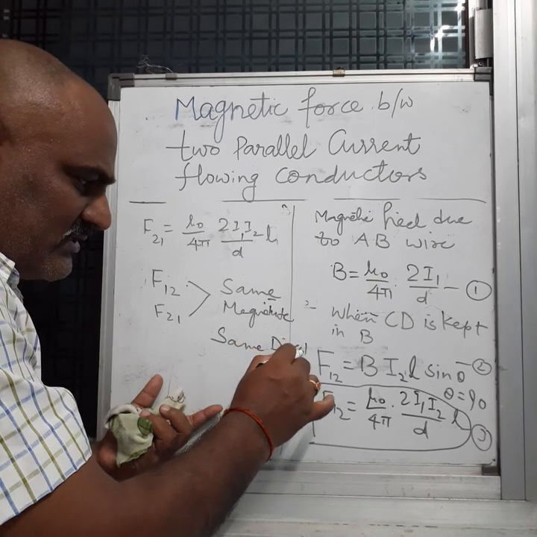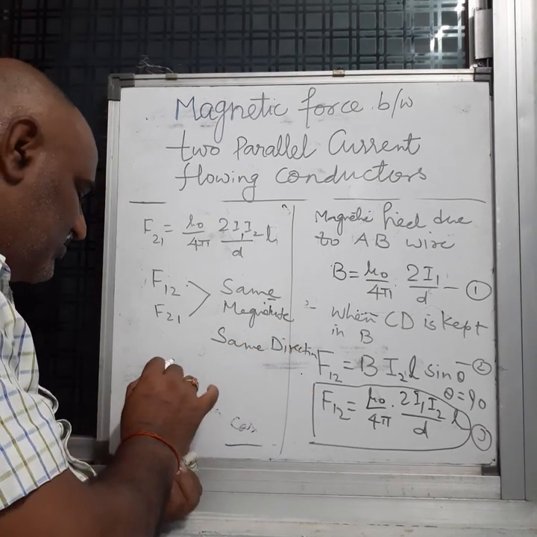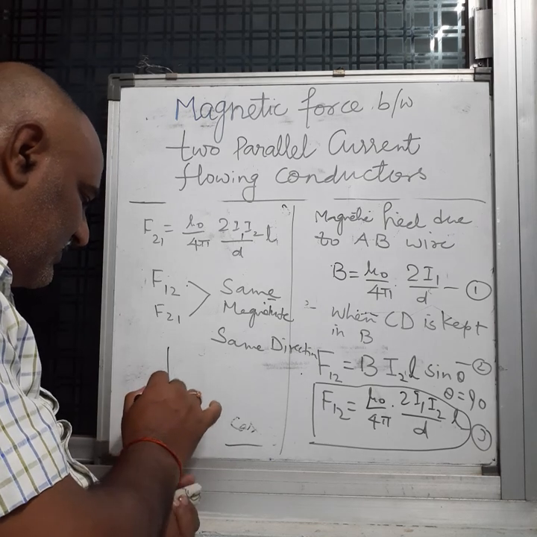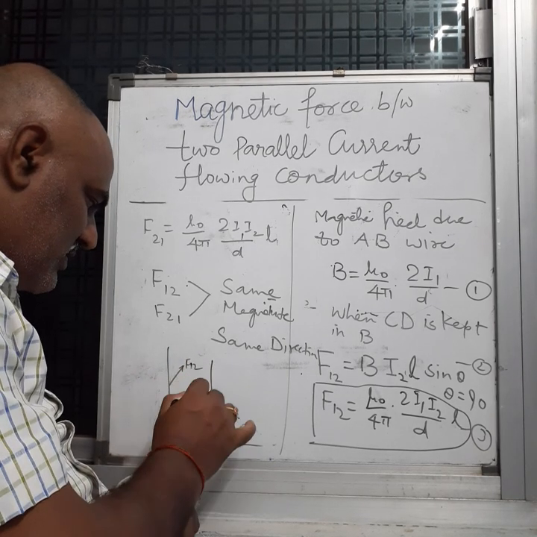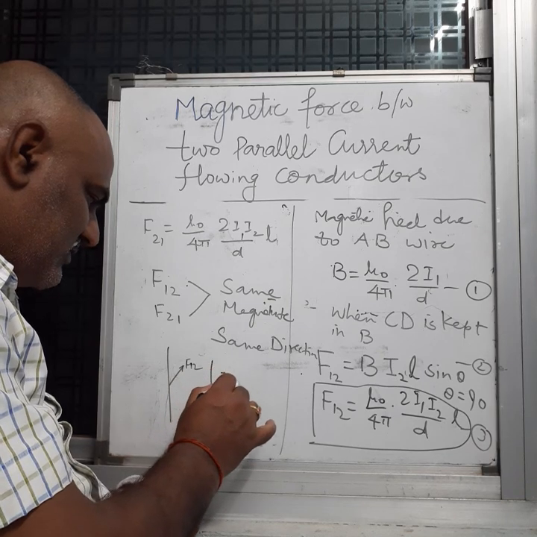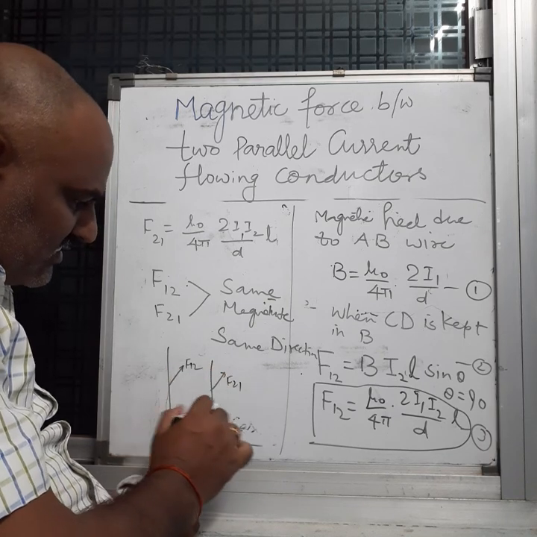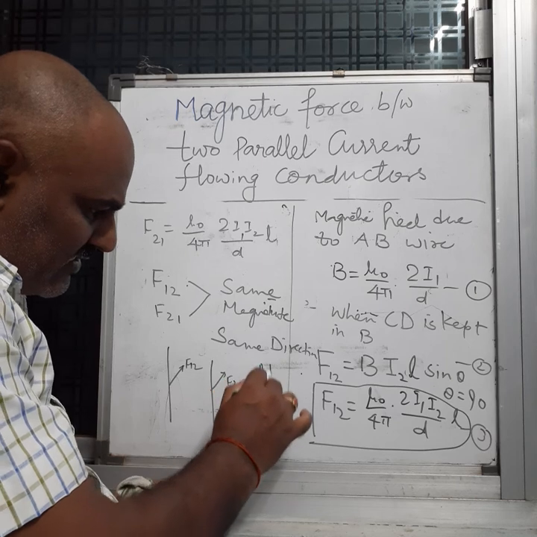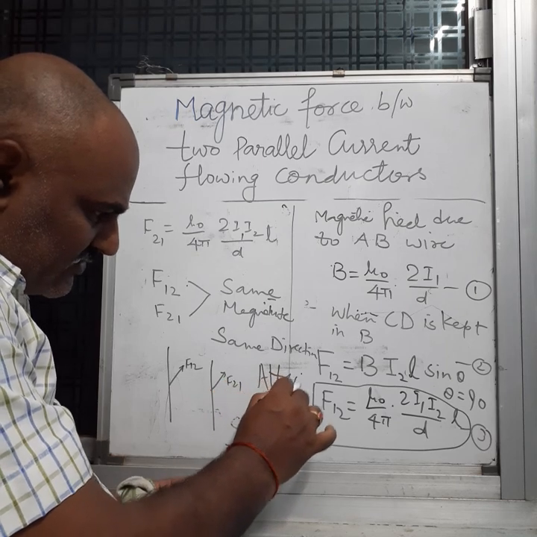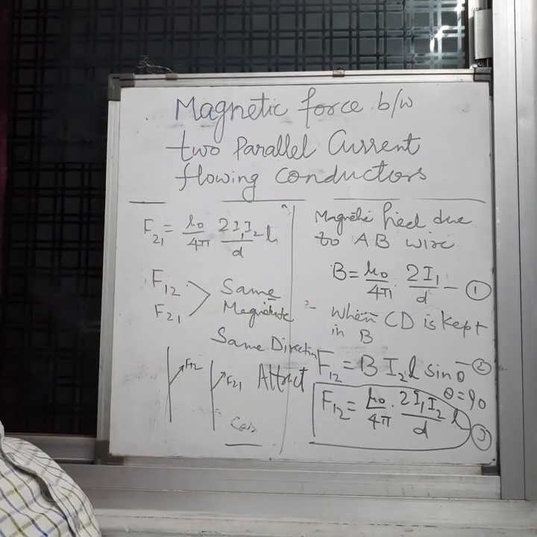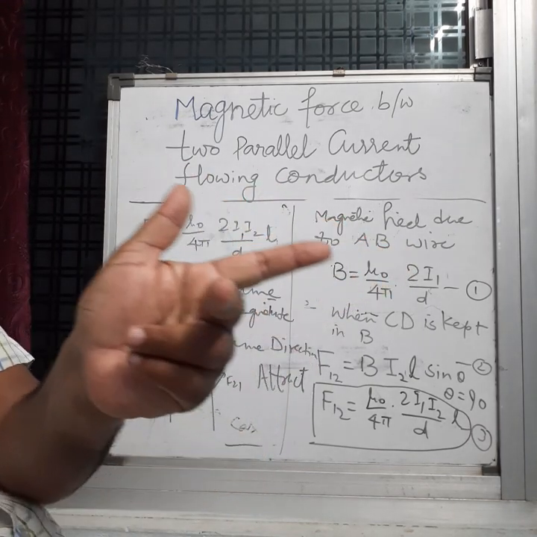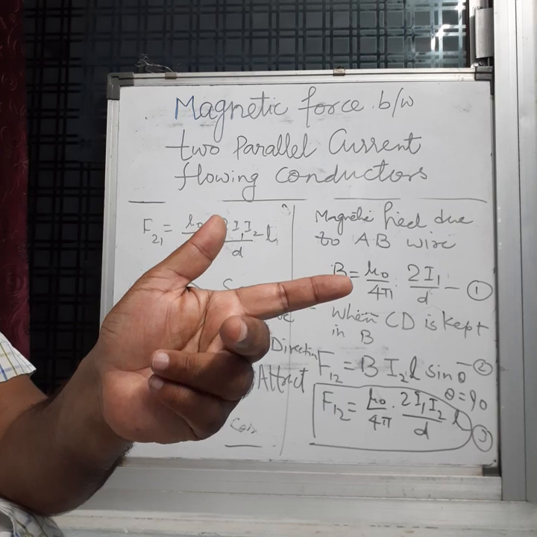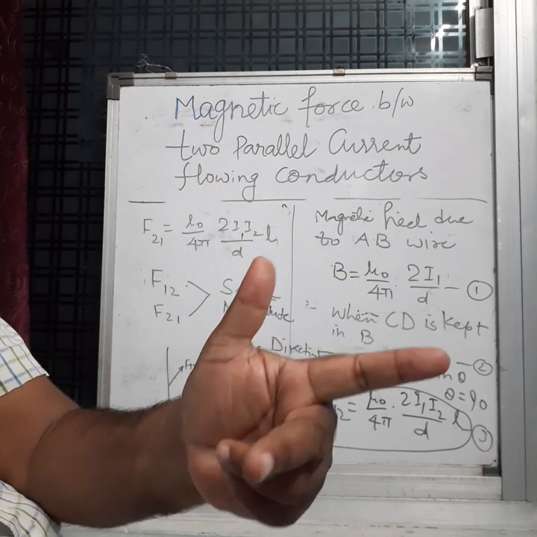If you get F12 here, you also get F21 here, in the same direction. So the wires will attract each other. Now clear? And always use this analogy. See the diagram given in the book, and you also use it there.